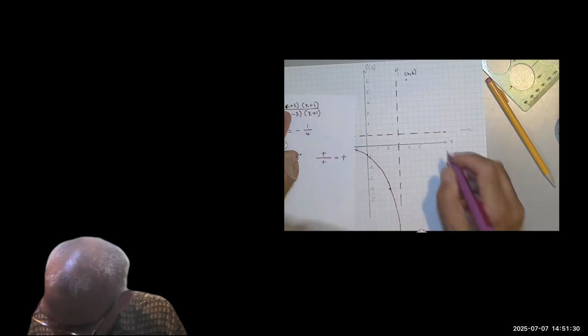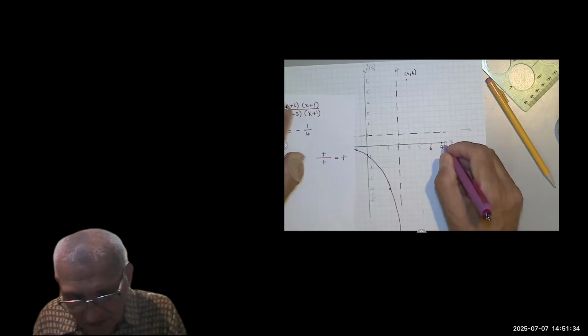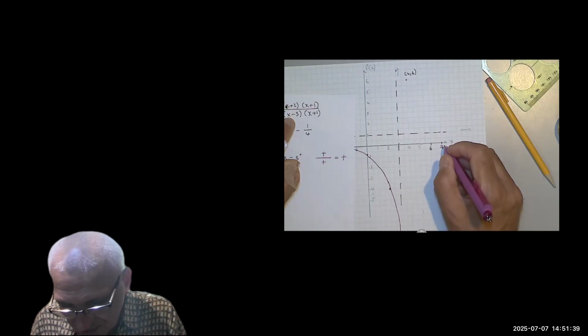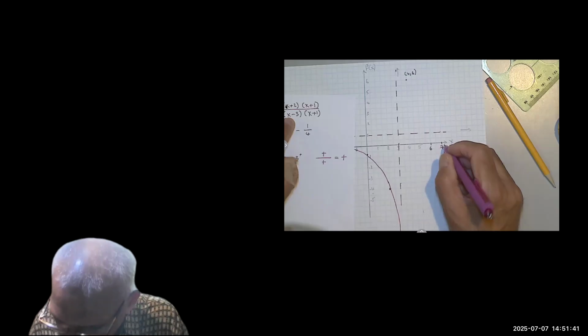If I make x equals 7, which is here, then the numerator would be 9 and the denominator would be 4. So 2 1/4 here.